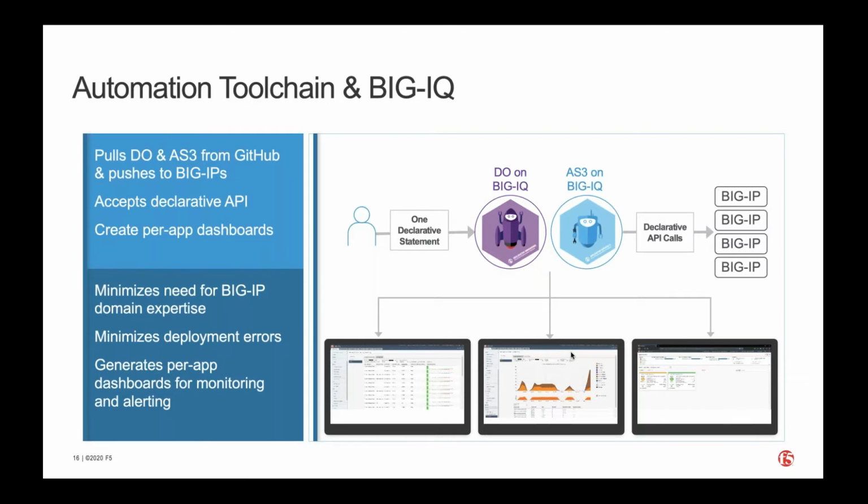It's not always the onboarding of one Big IP; you can onboard different Big IPs, and from BigIQ you can also view the use of your different applications and maybe also the errors within the application itself. So by using declarative onboarding and AS3, you minimize the need to have detailed knowledge on BigIQ itself.